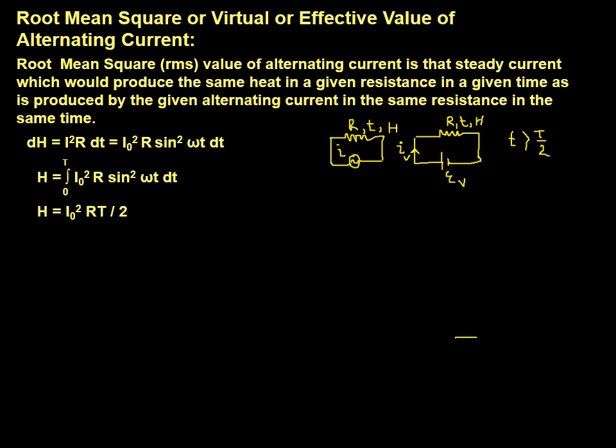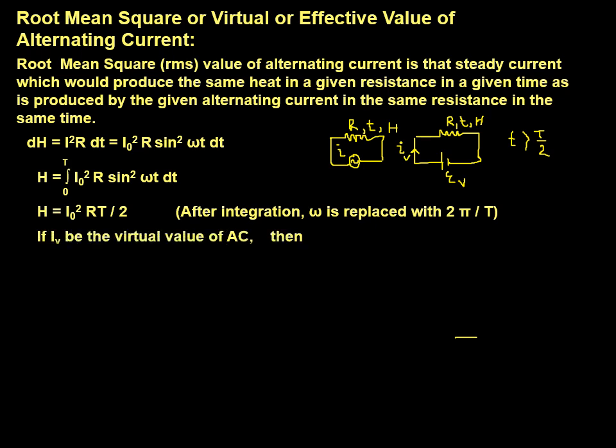Those who have mathematics as one of the subjects can understand: twice sine square omega t is equal to 1 minus cos twice omega t, and when you solve it, the integration of cos twice omega t would be equal to 0. So it will be I naught square R T by 2. Now we have replaced omega as 2 pi by T here.